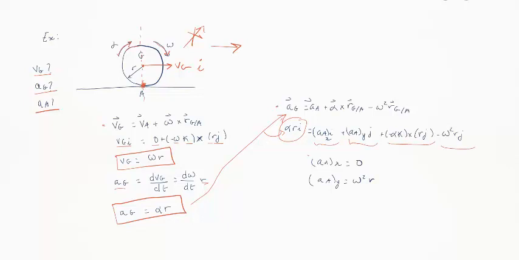Now AAX is 0 since that's the IC. So now we equate the J term. What do we have for the J term? We have this, and we have this. Notice this gives us i. So solving this, we get AAY equals omega squared r.